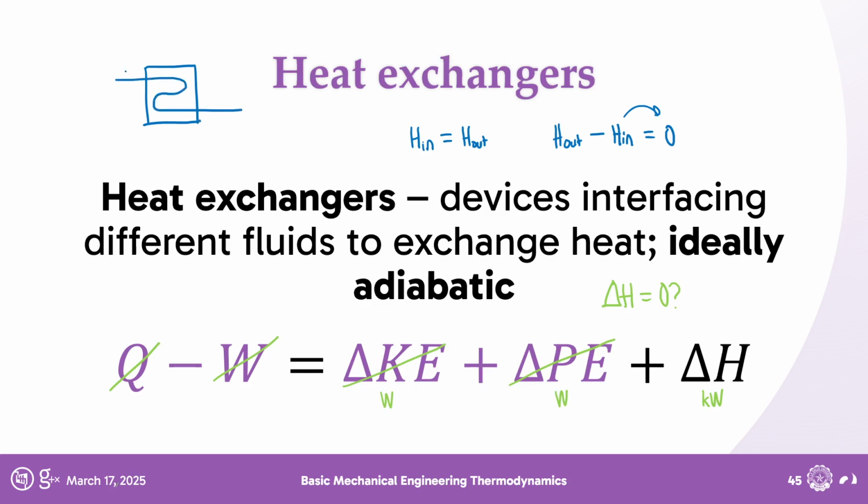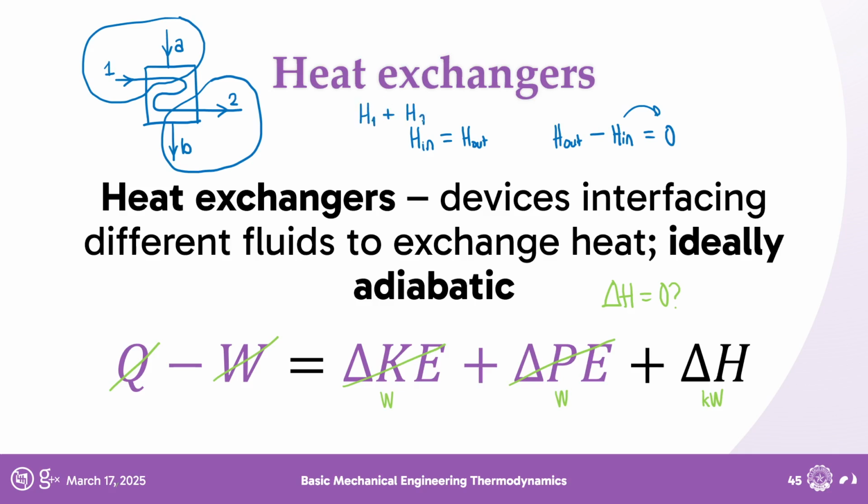This refrigerant, I will call this 1, I will call this 2, I will call the air coming in A and then coming out as B, right? What happens is that the total amount of energy coming in from state 1 and state A should be the total energy coming out at state 2 and state B. Basically, H1 plus HA is equal to H2 plus HB. That is what's happening, right?